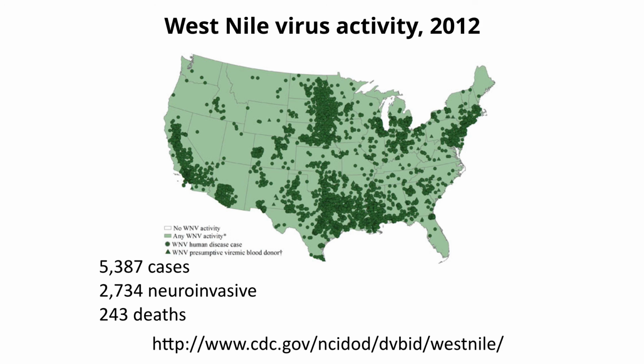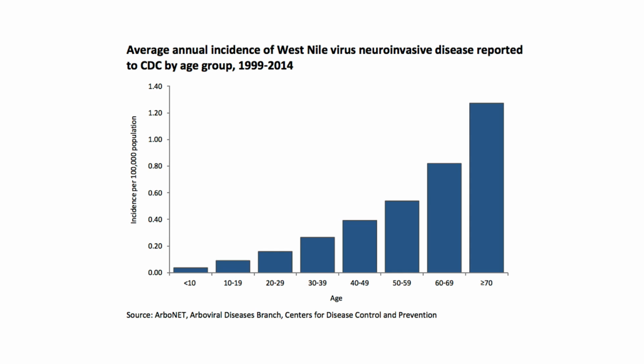Just to give you an idea of where these infections are in the US, in 2012, there were 5,300 cases, pretty much scattered throughout the country, 2,700 neuroinvasive cases, and 243 deaths. The CDC also tracks West Nile infections. You can get a lot of information about that on their website. This is the incidence of neuroinvasive disease by age group from 1999 to 2014.